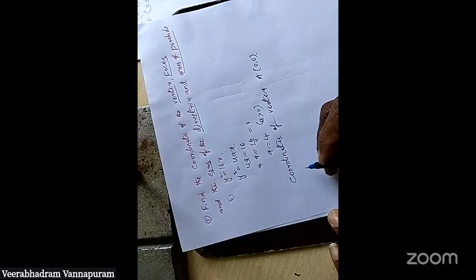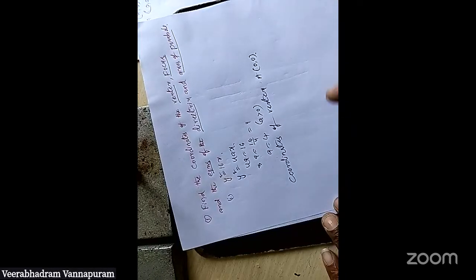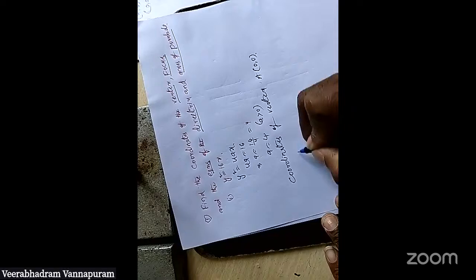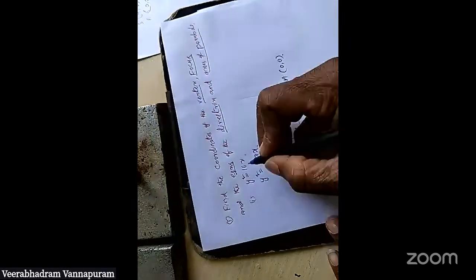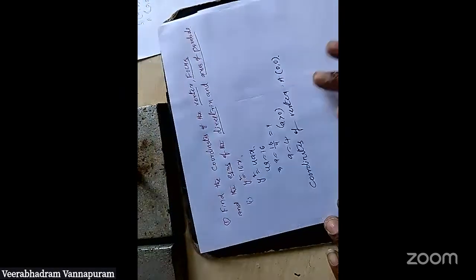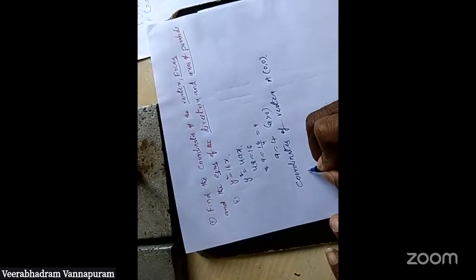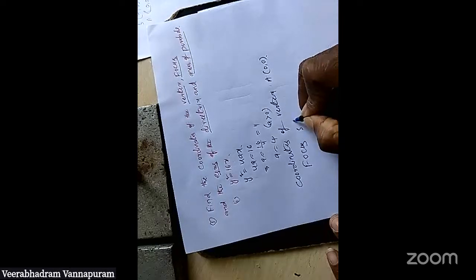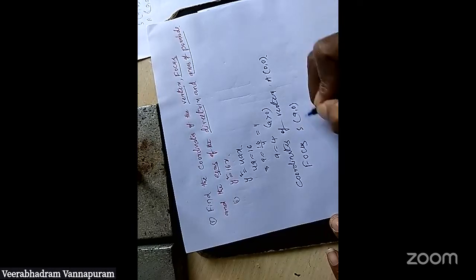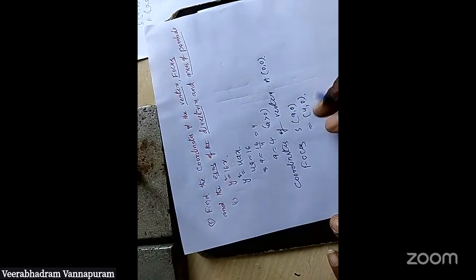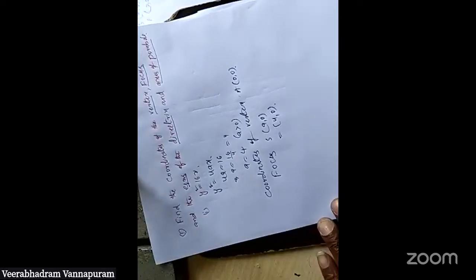Next, focus. This is the first case. In the first case, the focus is (a, 0). Here we already have a value, that is 4, so (4, 0). Therefore, the focus is (4, 0).